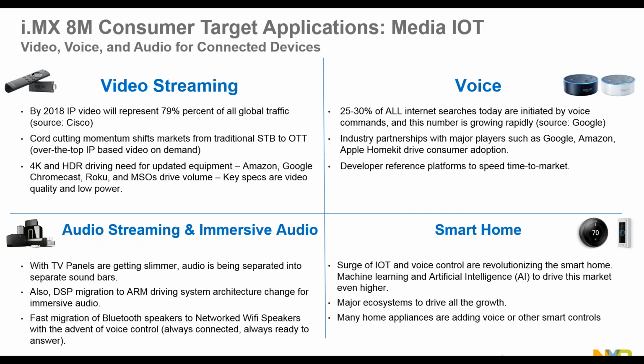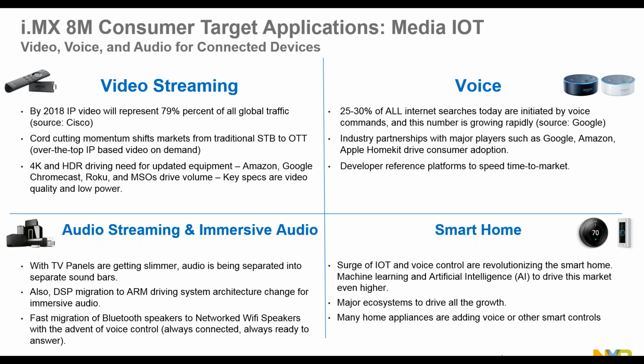And we have several big consumer-oriented customers driving this change. When you go to the voice realm, you see that 20 to 30% of searches on the web are already done by voice, a new way that we are interacting with electronic devices now.